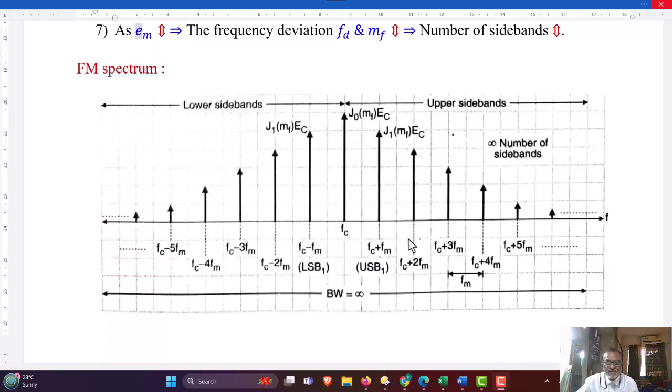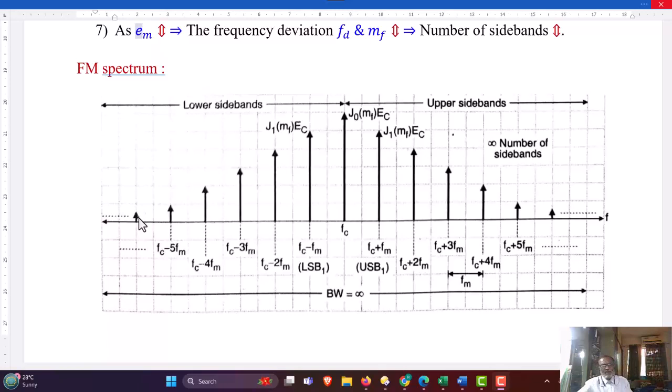Similarly, for the second pair of sidebands, the frequencies are Fc plus twice Fm and Fc minus twice Fm. Whereas for the third component, the frequencies are Fc plus thrice Fm and Fc minus thrice Fm, and so on.